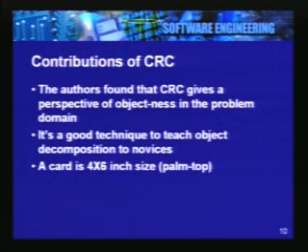So the contributions of CRC are that the authors found that CRC gives a perspective of objectness in the problem domain. It's a good technique to teach object-oriented decomposition to novices, and a card could be of 4 by 6 inch size. This is a nice technique which can be practiced in classrooms.